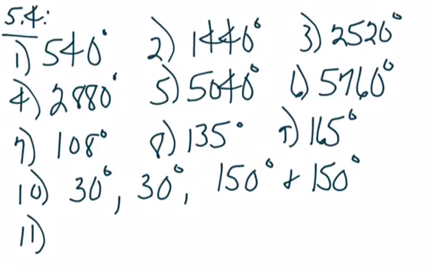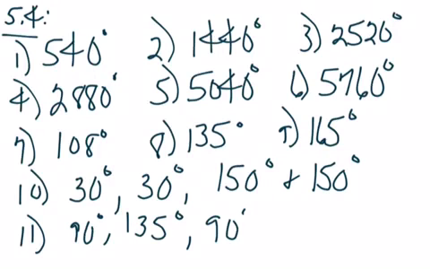Number 11 has 90 degrees, 135 degrees, 90 degrees, 90 degrees, and 135 degrees. You may have those in a slightly different order. That does not make them incorrect. That just means you did them differently.